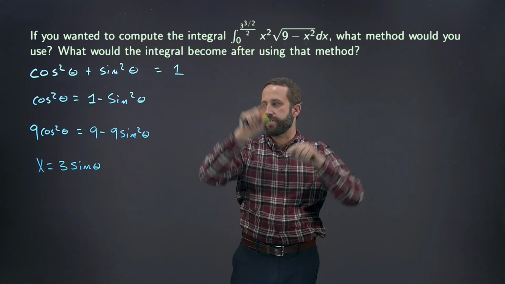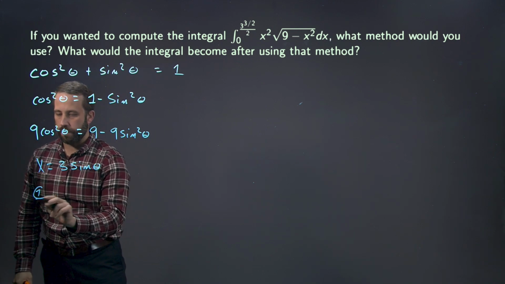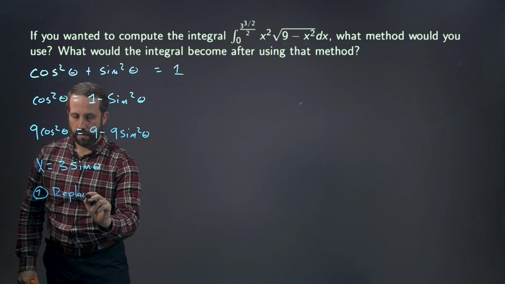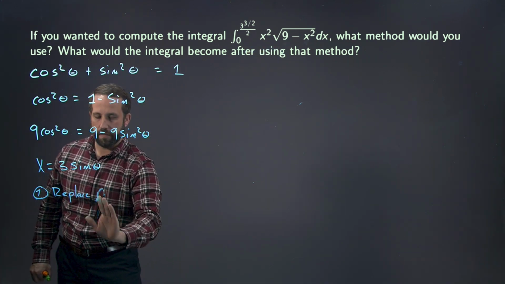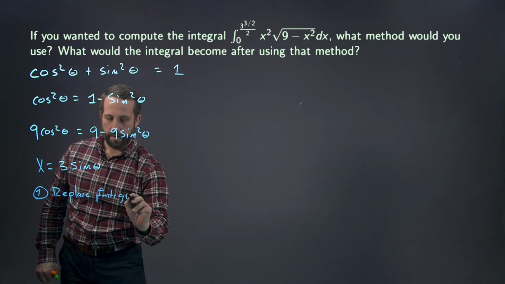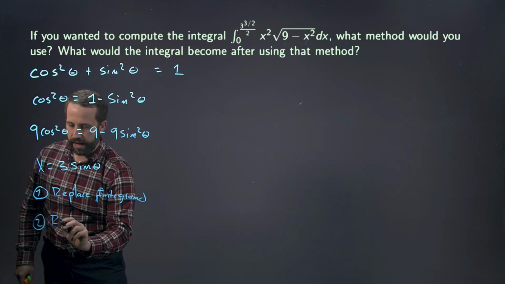Replace the x, the dx, and the limits. Okay, so there's 3 things that I need to do. I need to, 1, replace the x's that are actually in the integrand. So I'll call it replace the integrand. Two, replace dx.